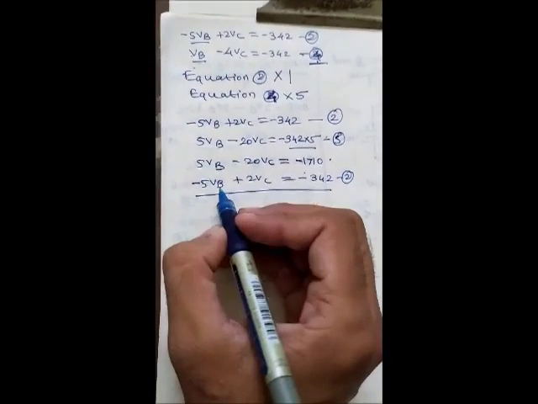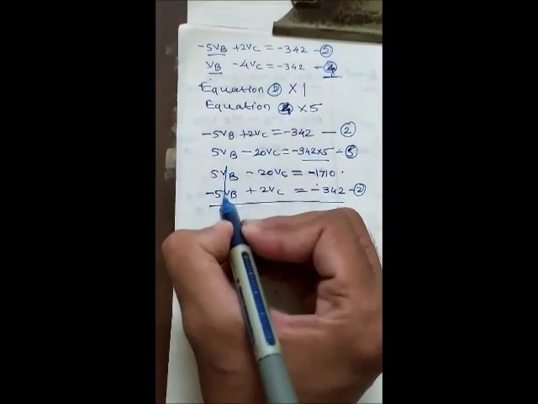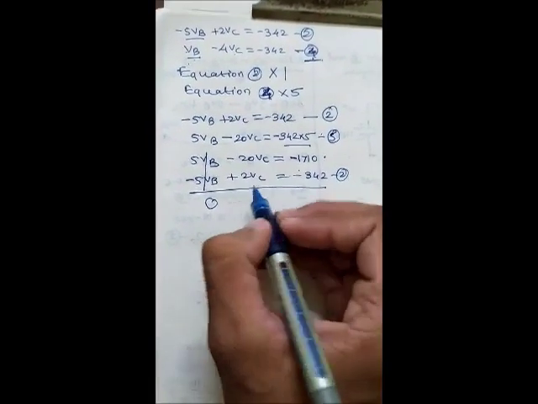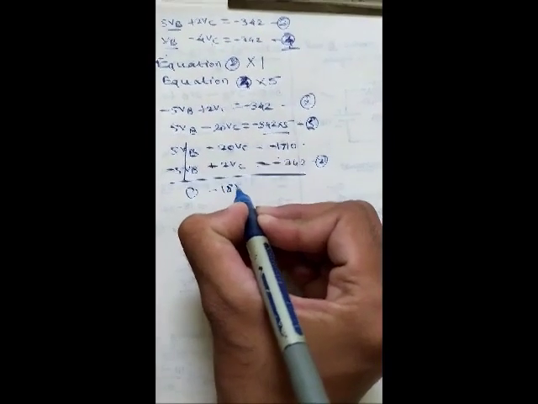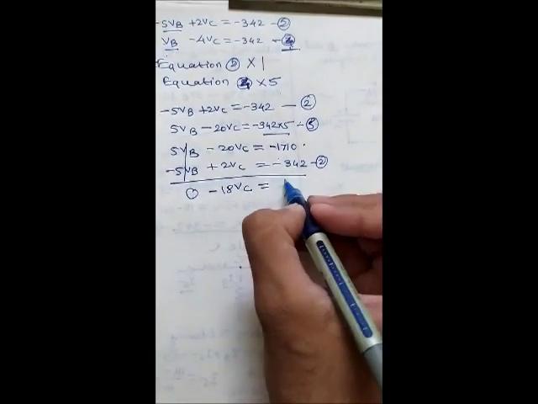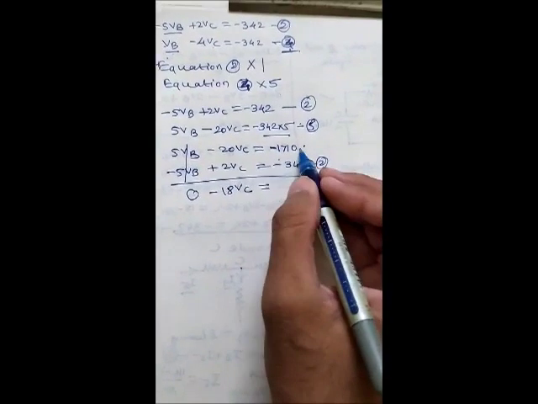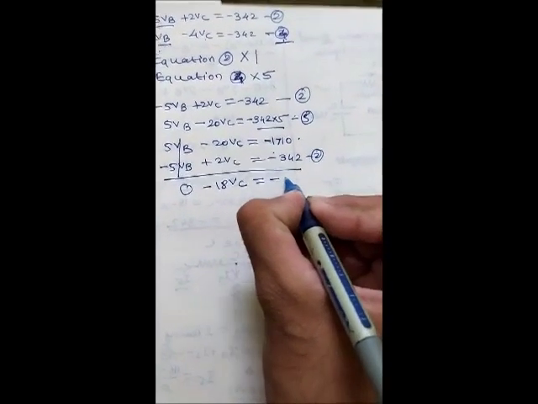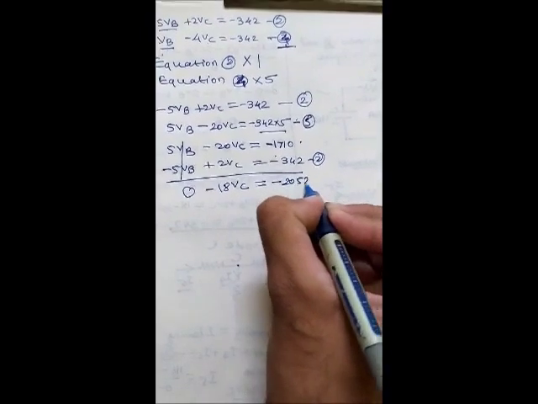Solving, plus 5VB minus 5VB gets cancelled. This becomes 0. Minus 20 plus 2 is minus 18VC is equal to minus 1710 minus 342, which becomes minus 2052.